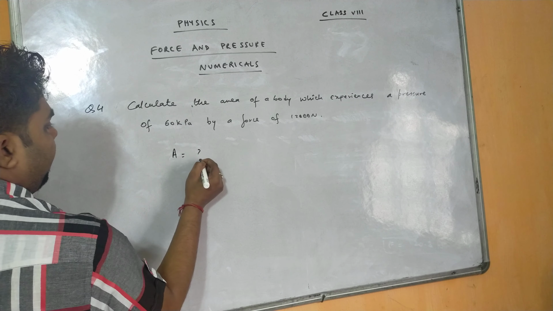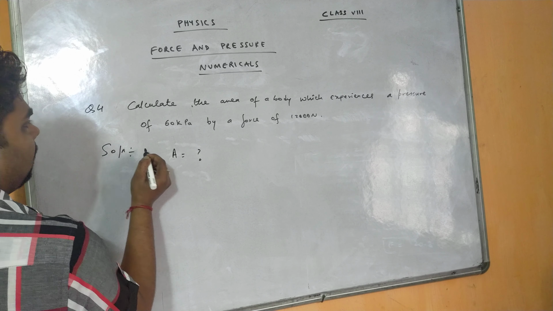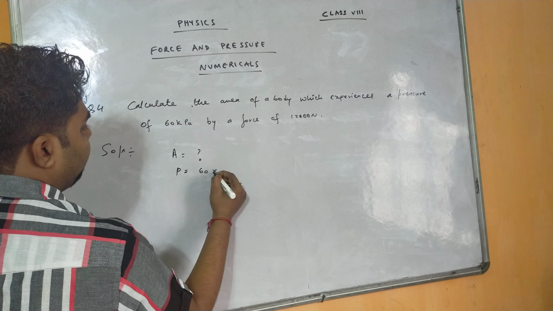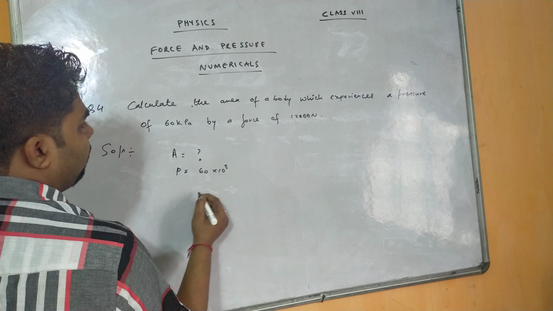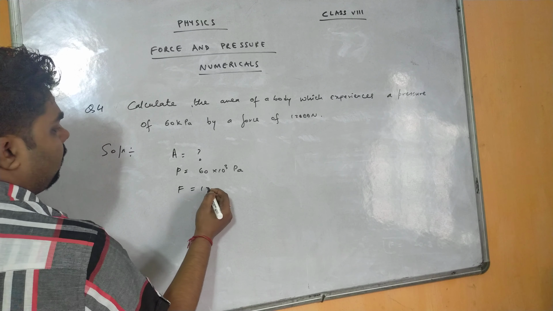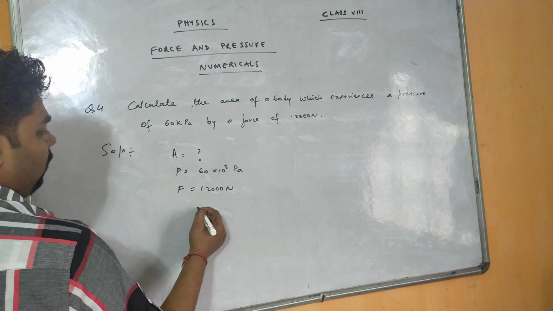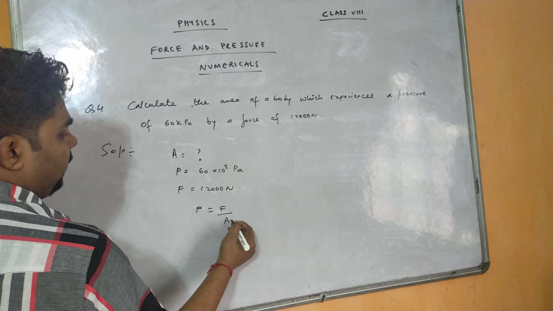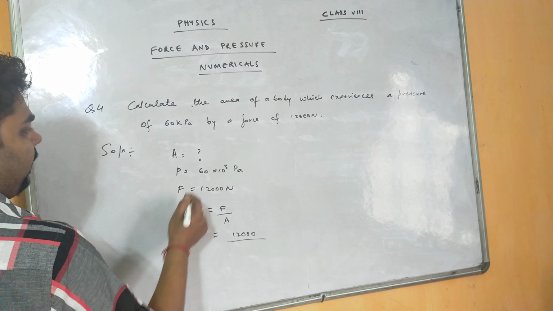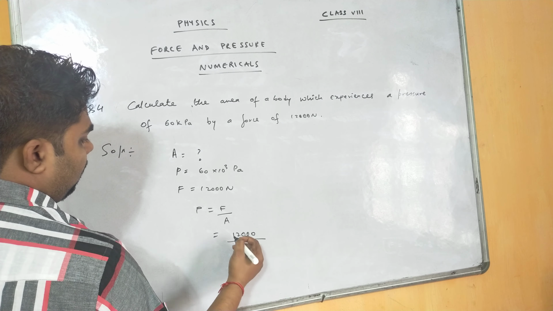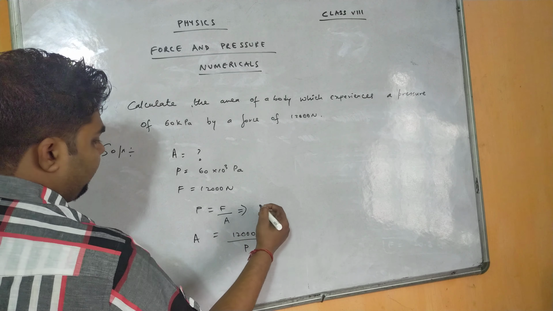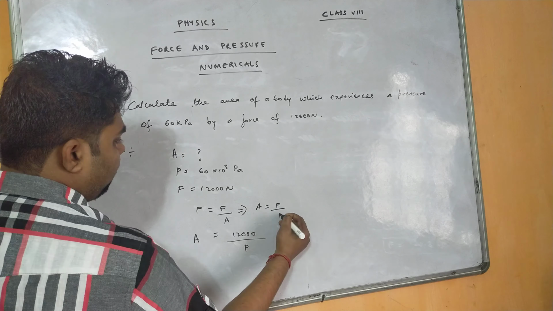So we have to find area. What is given? Pressure is given here, that is 60 kPa, that is 60 into 10 to the power 3 Pascal, by a force of 12,000 Newton. So pressure equals force per unit area. In place of force we will write 12,000, and area we need to find here. So you see the formula will change, that is area equals F by P, right?